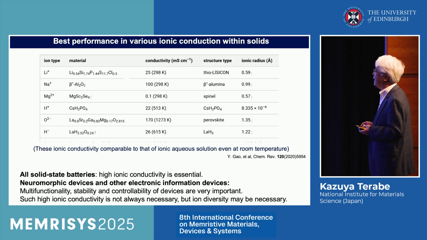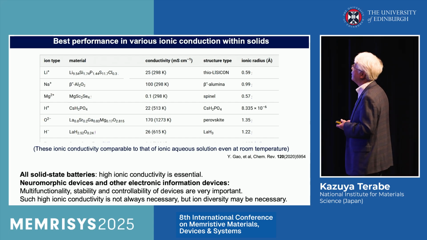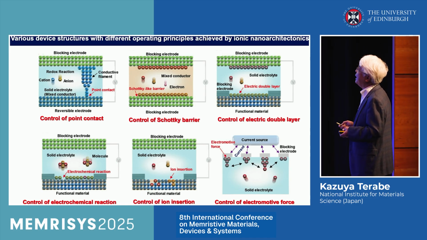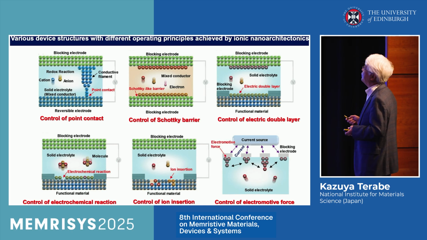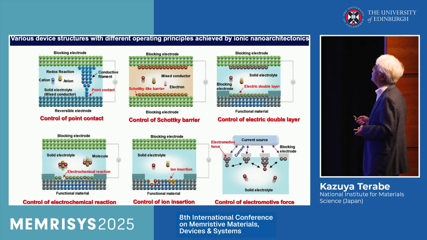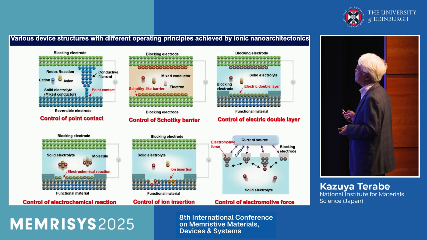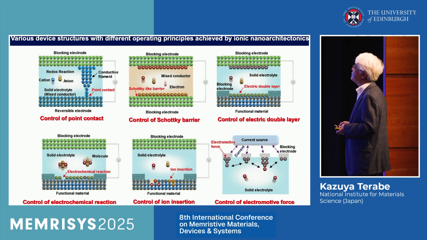So such high ionic conductivity is not always necessary, but ion diversity may be necessary. Up to now, we have created many kinds of devices and structures with different operating principles achieved by ionic nanoarchitectonics. This is a typical device structure.